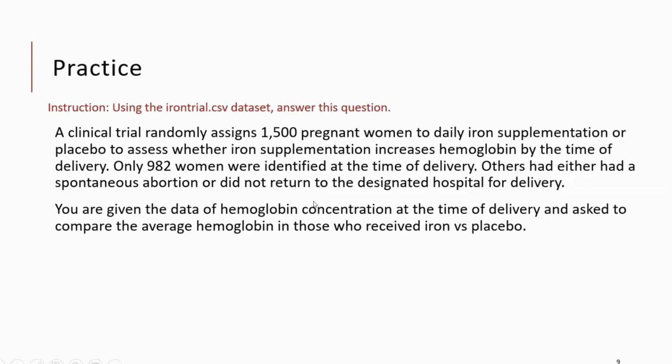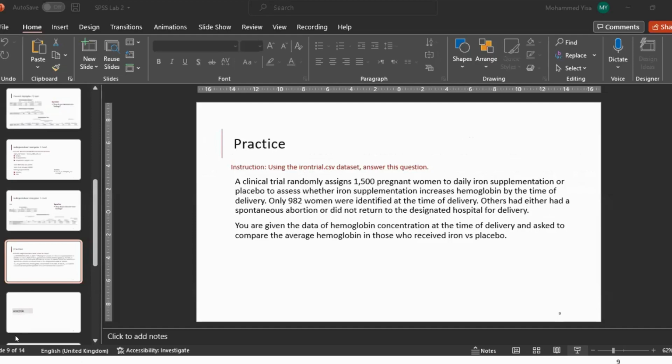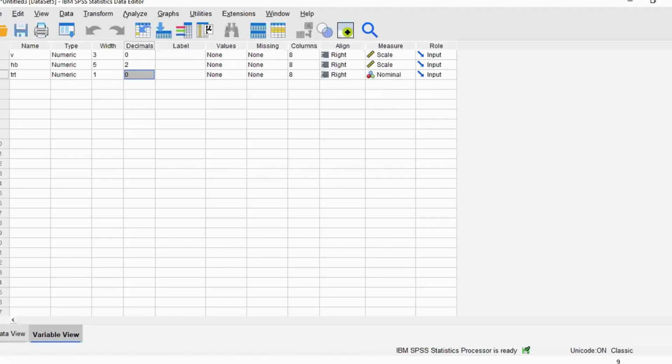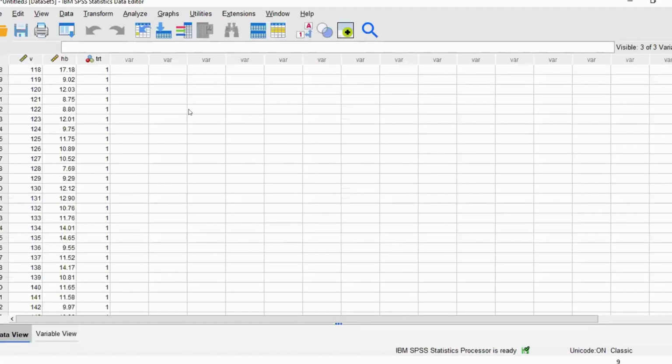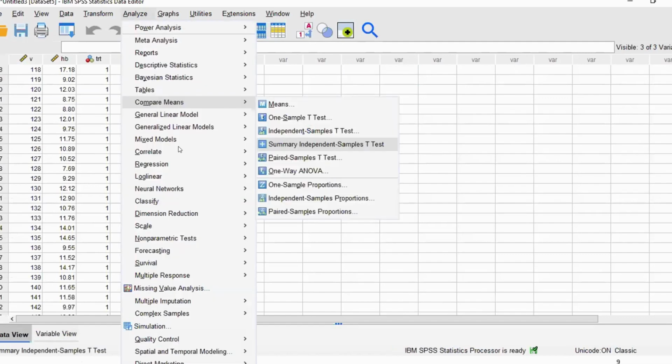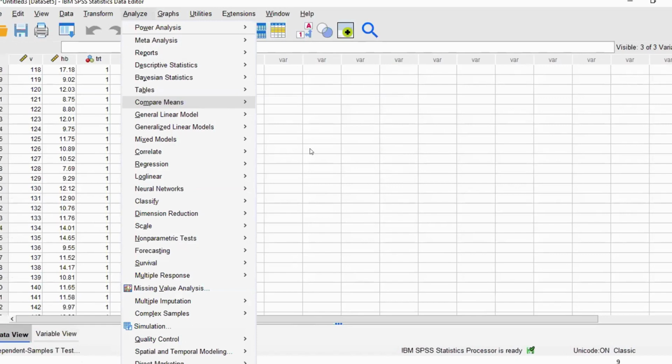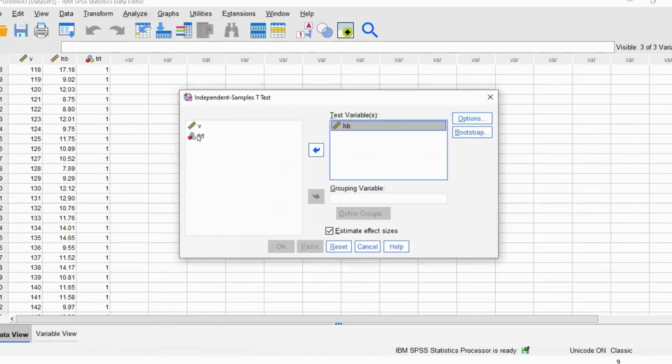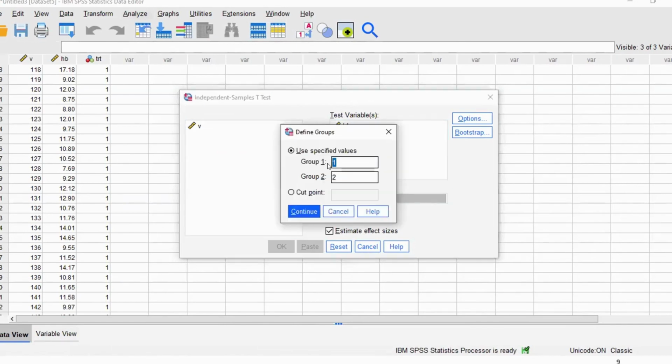Let me just go to the data set. So here it is. Let's just go ahead and analyze the independent sample t-tests. The test variable is the hemoglobin, and the treatment is the grouping variable. We define the groups, group 0 and 1.